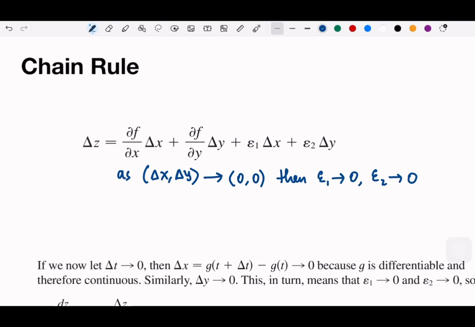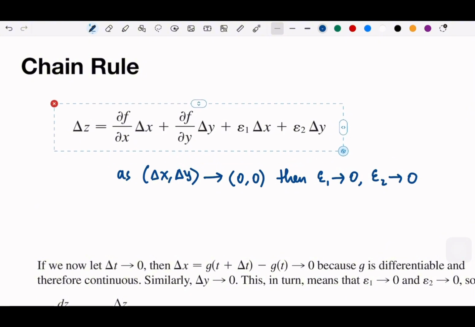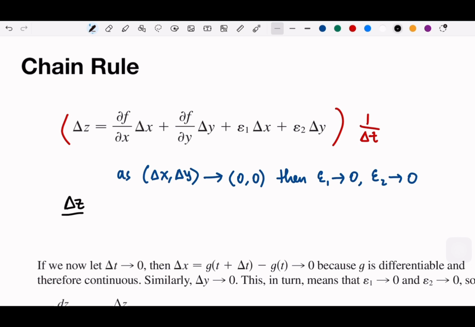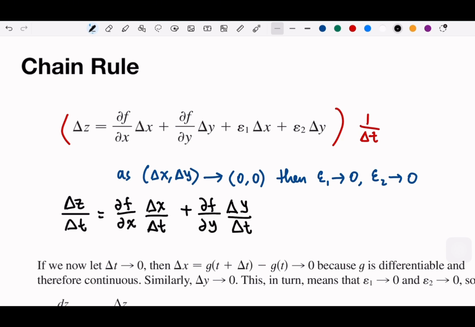And if we write in terms of delta t, let's divide this, so multiply, let me write here, multiply with 1 over delta t. We can rewrite all of this, which becomes this delta z. And we still have the epsilon.